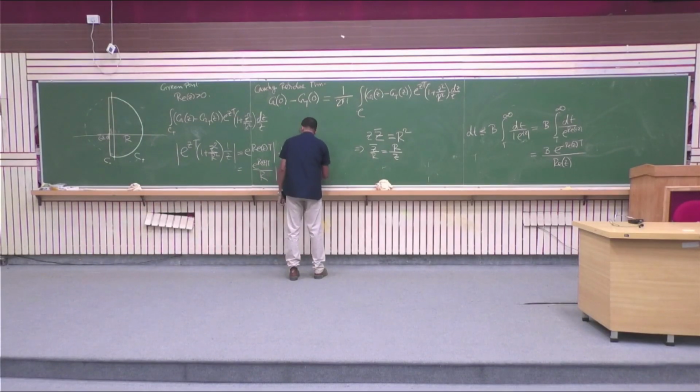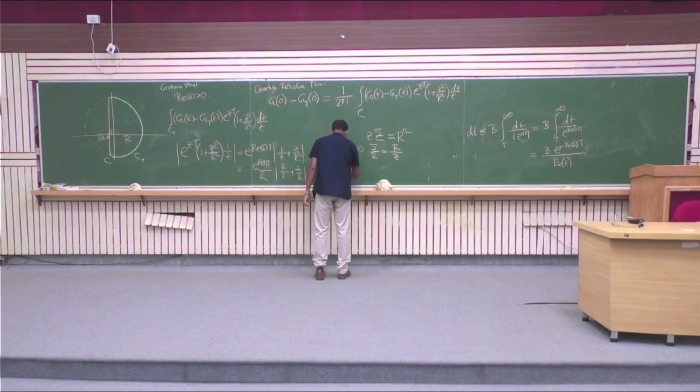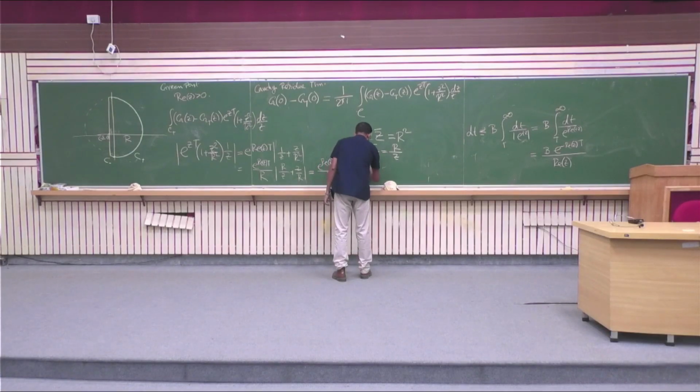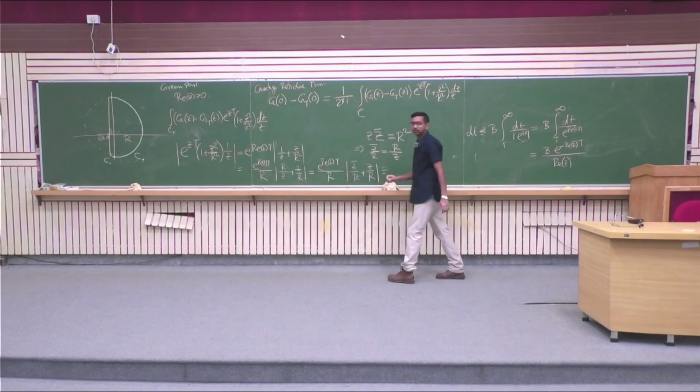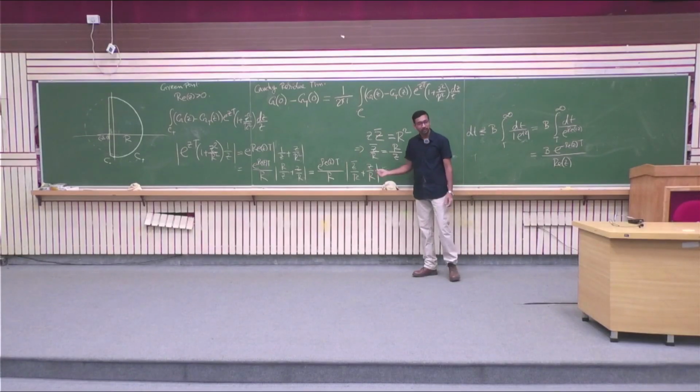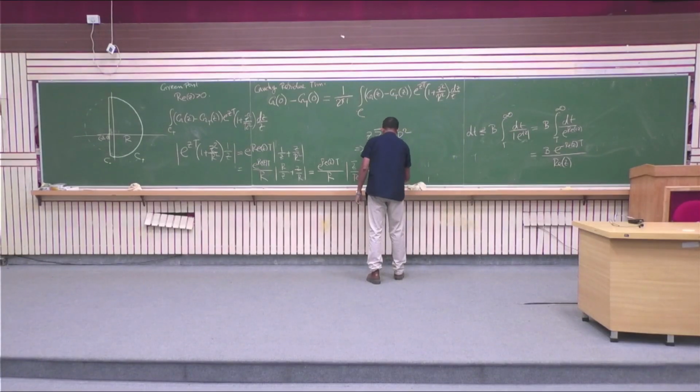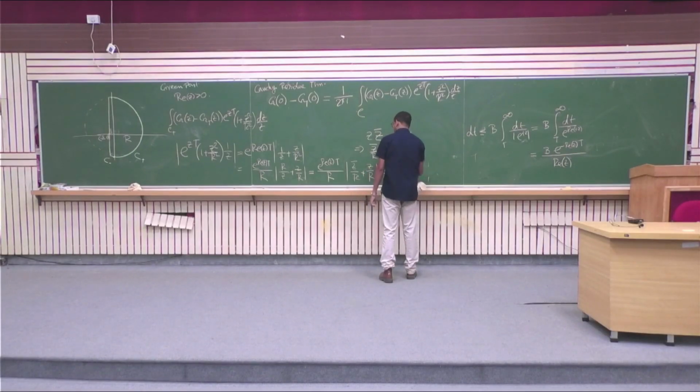So this becomes e to the power real part of z times t by r, and here you have z bar by r plus z by r. What is that? This is 2 times the real part of z by r.